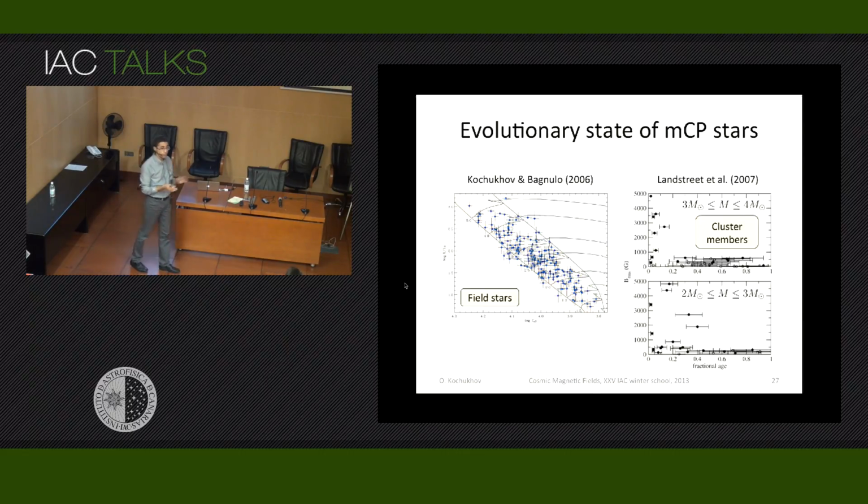So people measured how strong is the field in clusters of different age, and then they plotted average field strength as a function of age of stars. And it seems that there is a tendency for the strongest fields to be found in youngest clusters. So there is some change of the surface field strength.